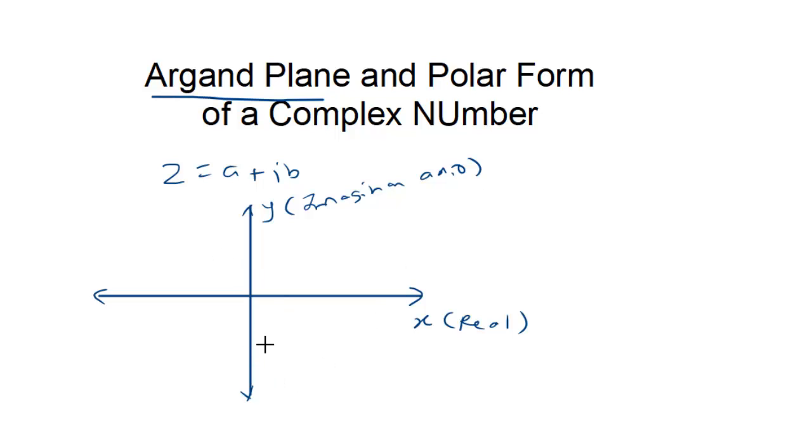Here we will represent z as a point on this Argand plane. This special plane is known as Argand plane, and here z will be represented as a point like this.